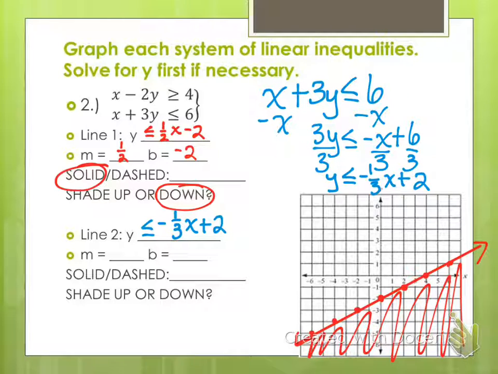Natalie, what are M and B here? -1/3 for M and B is 2. Wonderful. So we start our graph up at +2 on the y-axis. -1/3. So down 1, right 3.